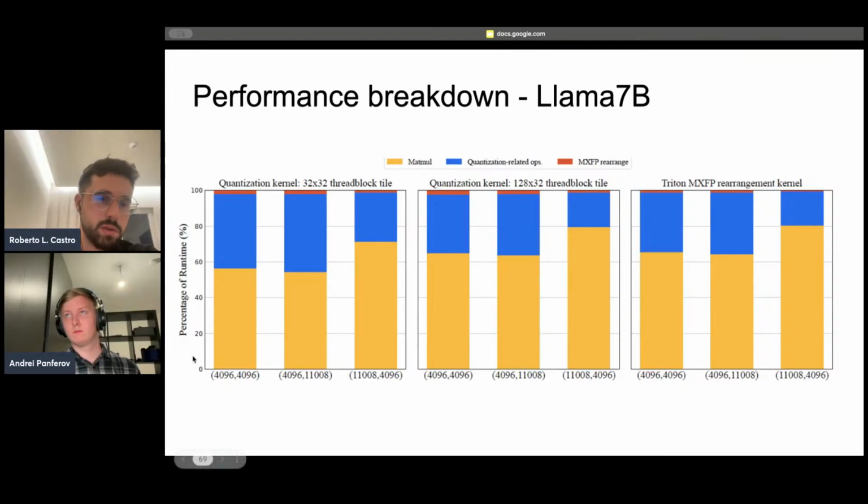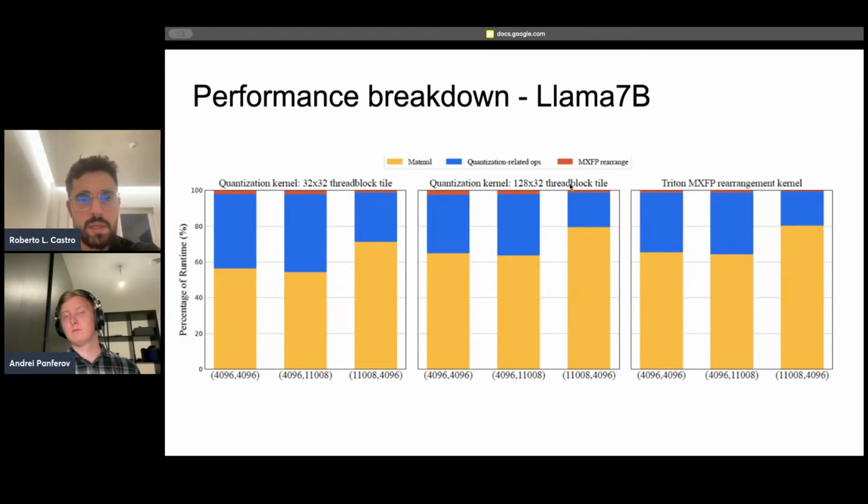So we can actually see that for larger matrices, the matmul represents an important percentage of this runtime, but the smaller the matrix, the more the overhead of these quantization-related operations. This is not actually related to our implementation. This is just that as we increase the arithmetic intensity, the matmul is just going to take longer, and we can hide these quantization-related operations easily, right?